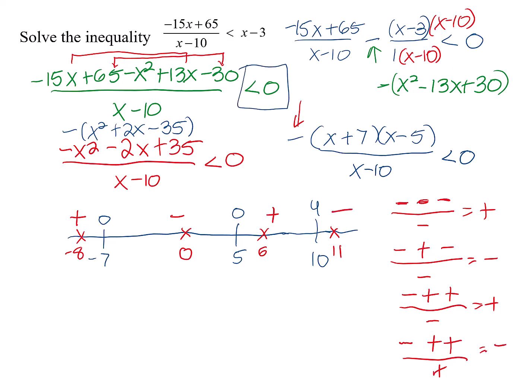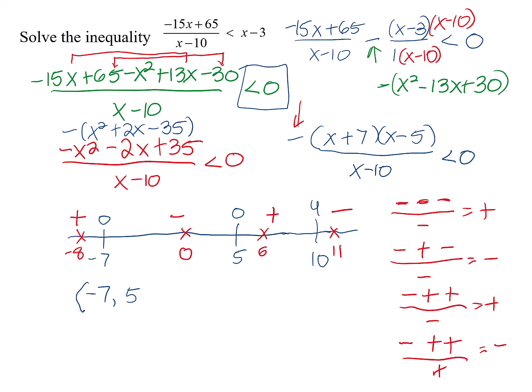I'm after where it is less than 0, so I want the intervals where it's negative. It was positive at negative 8 and below. It looks like if we start with negative 7, it's going to be negative between that and 5. I squared that, and it shouldn't be squared. It should be rounded because we don't have an or equal to.